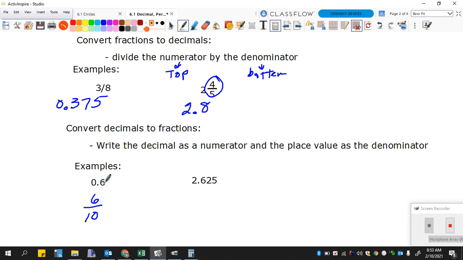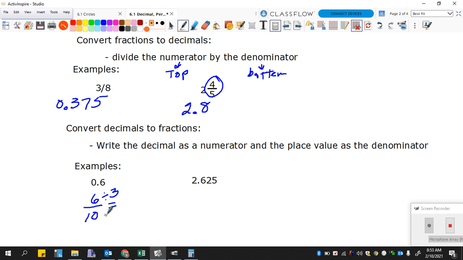That's the tenths place, and then we have to reduce it down, and you can do that by dividing by a common factor, the greatest common factor. Or if you want to use a graphing calculator, you go 6 divided by 10 and then hit math, enter.